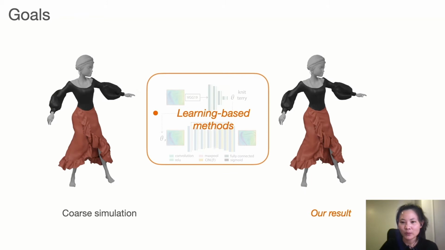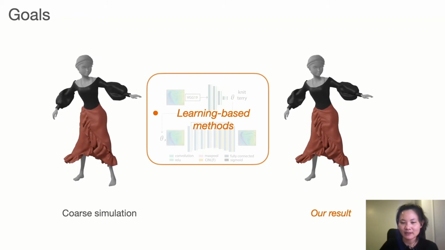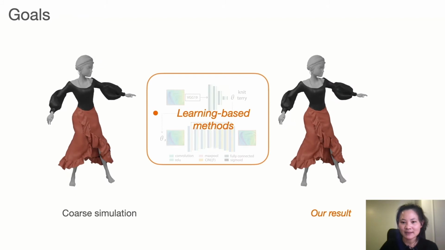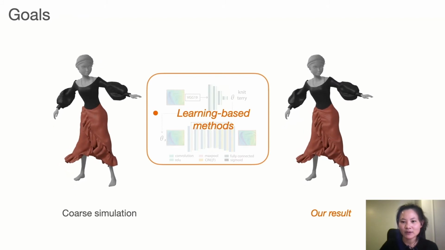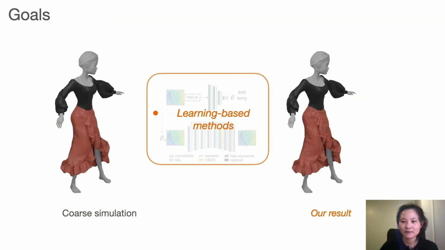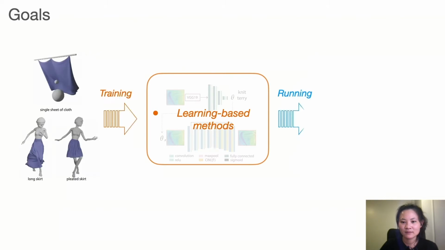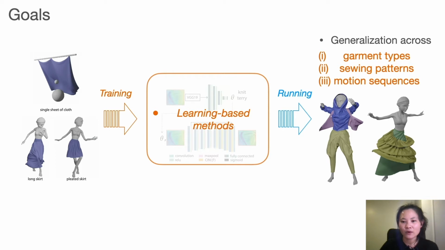In this work, we present a deep learning-based method that enhances an input coarse garment geometry by synthesizing realistic and plausible wrinkle details. The goal of our work is to enable generalization across a variety of unseen garment types, sewing patterns, and motion sequences.